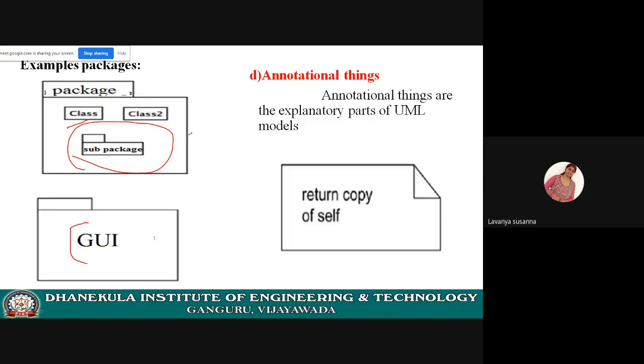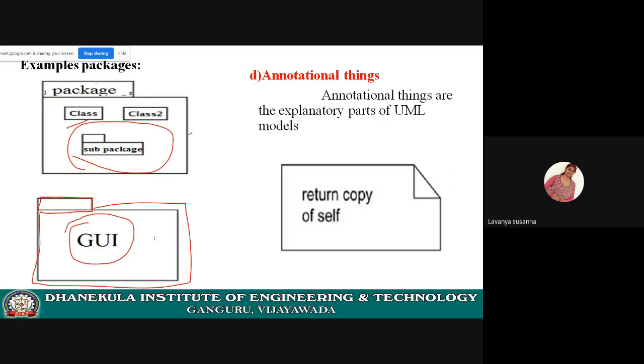Example, graphical user interface. This is the pictorial representation of a package. Draw a rectangle and use a symbol like this. This is the symbol for package. Here insert the package name.